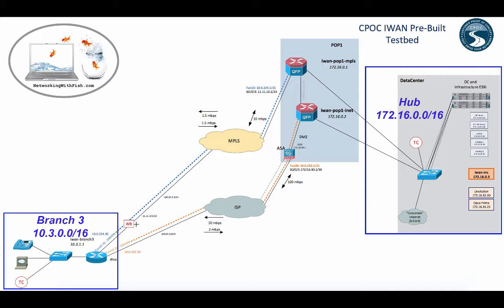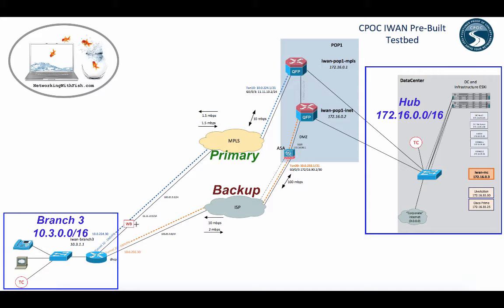Now let's talk about your environment right now. A lot of people are running a branch with an MPLS and an internet link. And a lot of people are doing that in a primary backup type environment where your internet link, your ISP link, is only used today should the primary path over the MPLS fail.